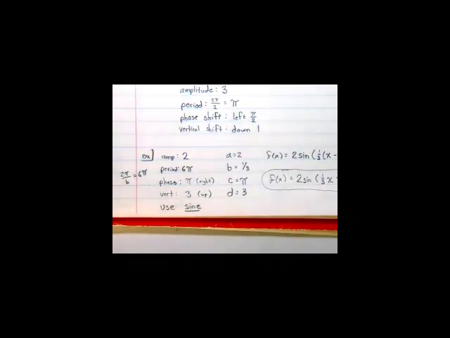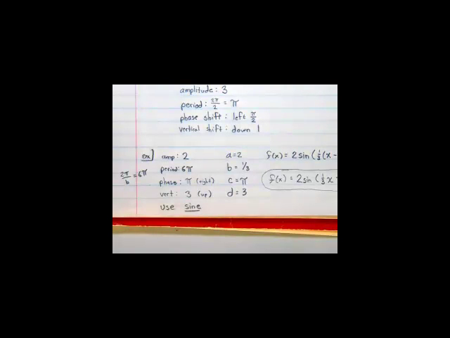All right, has everybody got something? Want to see what I have? If I can find my little remote. Okay, here it is. 2 sine 1/3 x minus pi over 3 plus 3. How'd we do? This is the simplified form here, yeah.